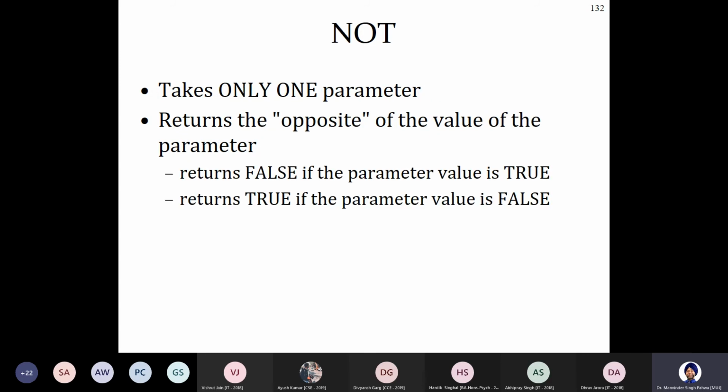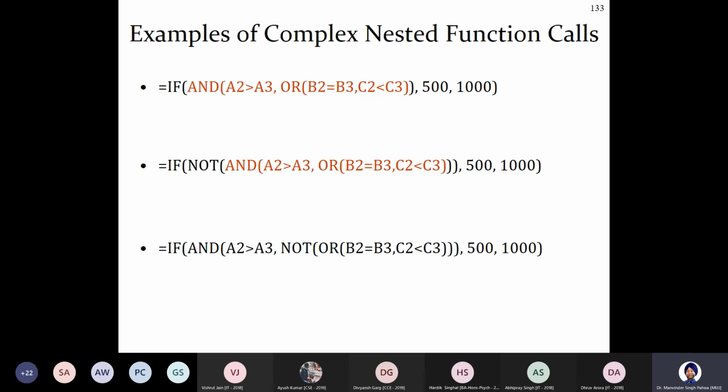NOT takes only one parameter and returns the opposite of the value of the parameter, because it cannot go beyond that. Whenever we are using NOT, we give a particular value, and it will return false if it is true and true if it is false. So it is just the opposite, but it happens only with one parameter.